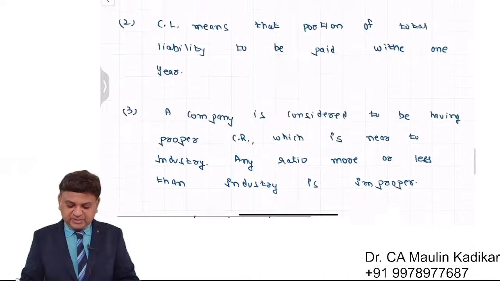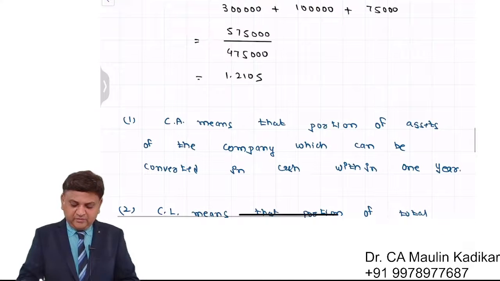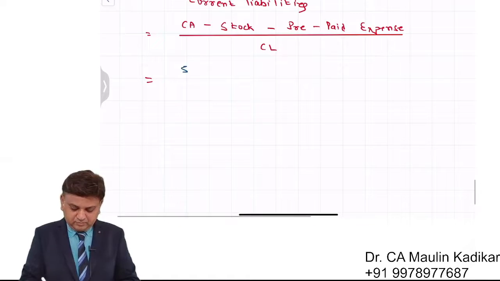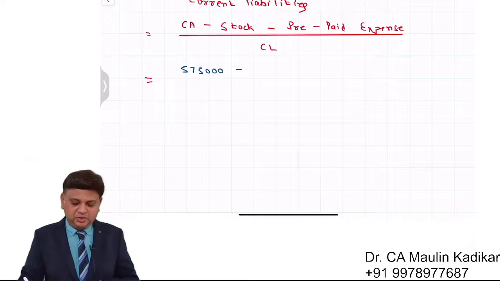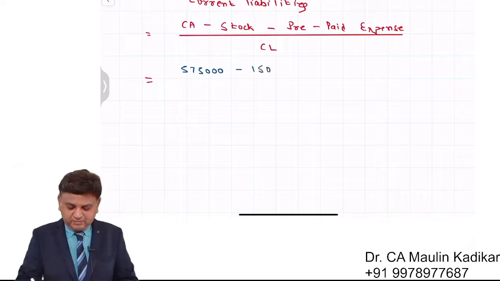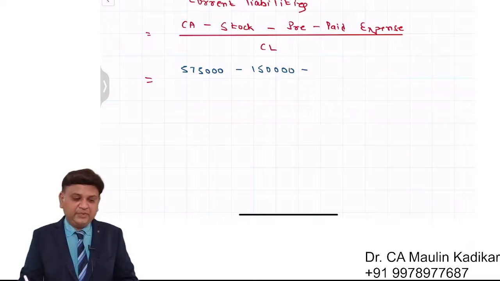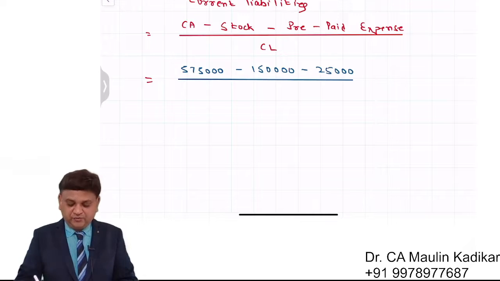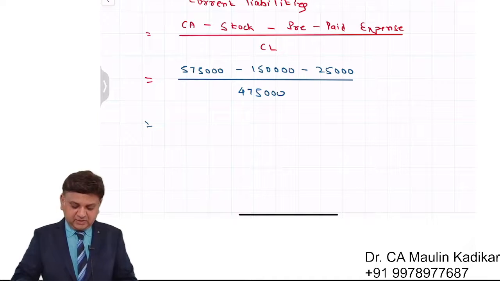As far as the current assets are concerned, we have already found it: 5,75,000 minus stock, 1,50,000, minus prepaid expenses, 25,000, whole divided by current liabilities, which is 4,75,000. That is the way it is calculated.